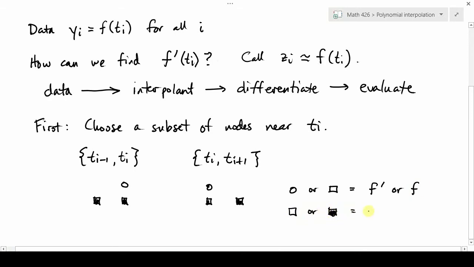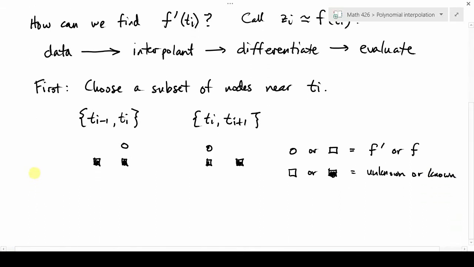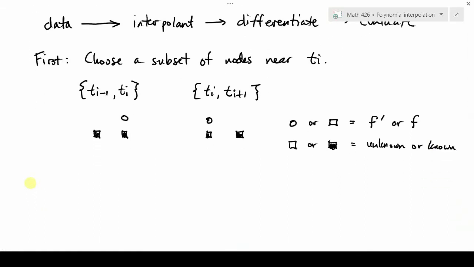Which means the value is unknown, to be found, or it's known, so it's used to find the others. Okay, so these are called stencils. So this stencil tells you, right, to find the derivative at one point, you use that point and the point to its left, and so on.